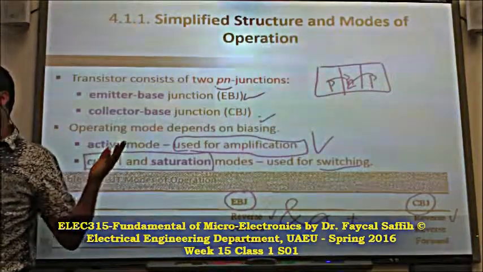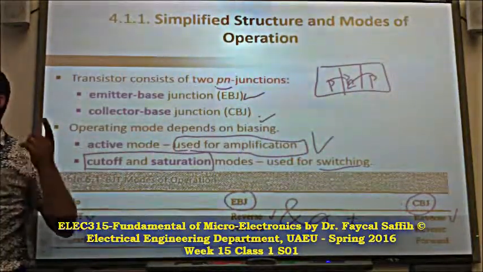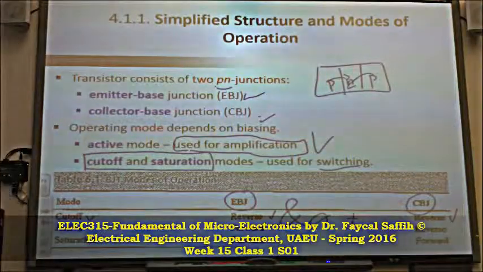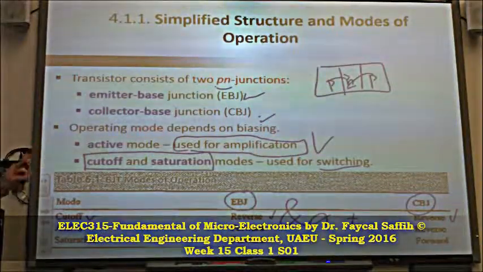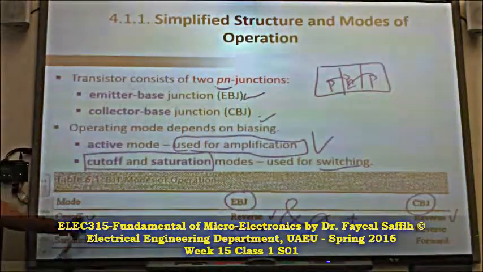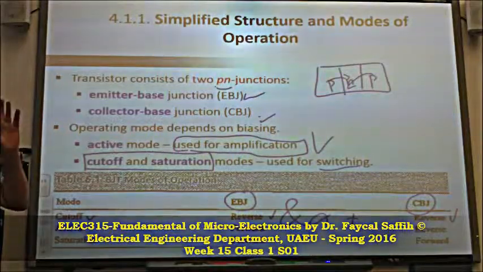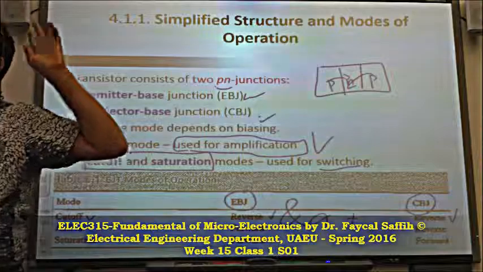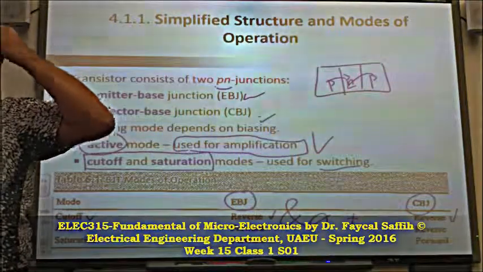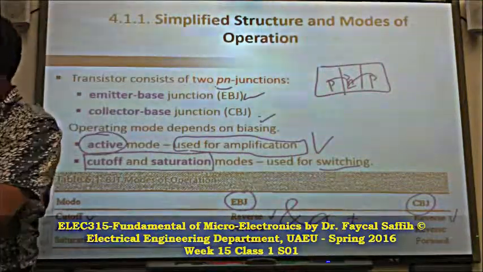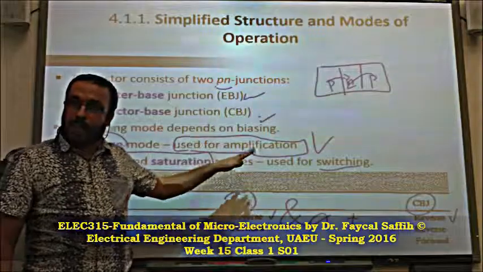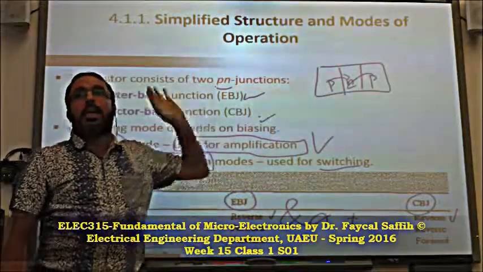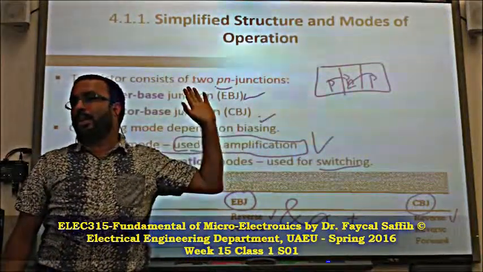The saturation of the MOSFET corresponds to the active region here, because that's where the amplification is. In MOSFET, we call it saturation.